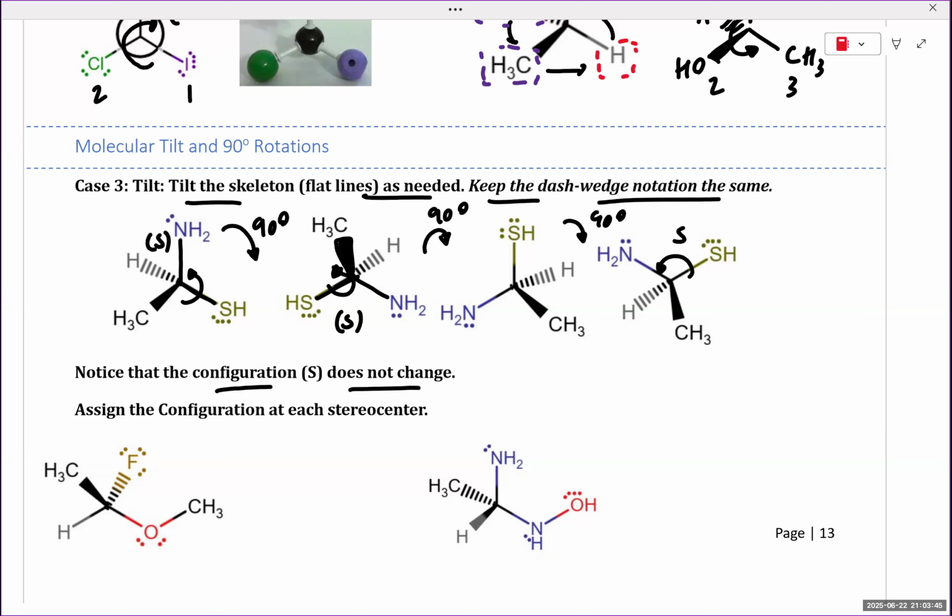As we can see, in each case, we still have our S stereocenter, so we did not make a major mistake.